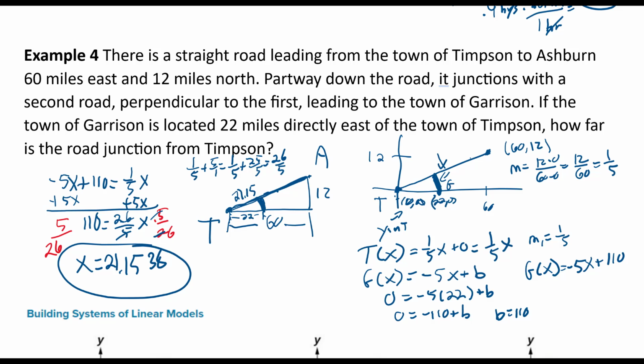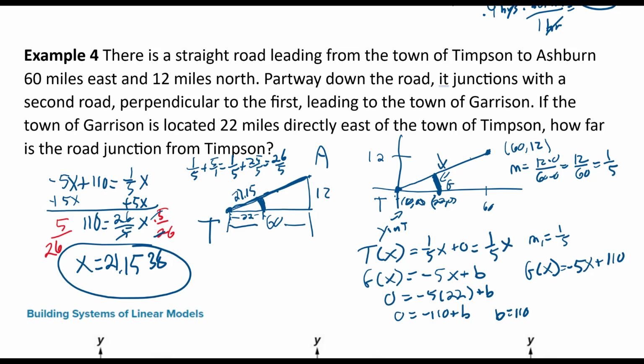I set the two equations equal to each other to give us this intersection point, and that's the x value of the intersection point. They didn't ask for the y value, just the x value, or actually that just gives us the point at which they intersect. So I think we're good there. Okay, just wondering if we need to find something else.